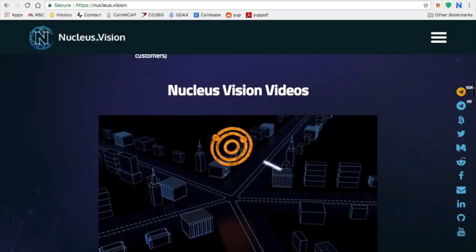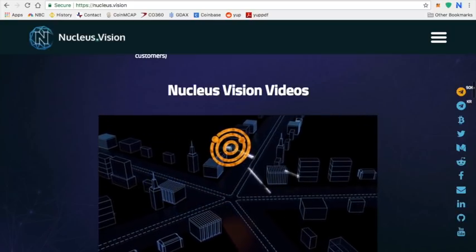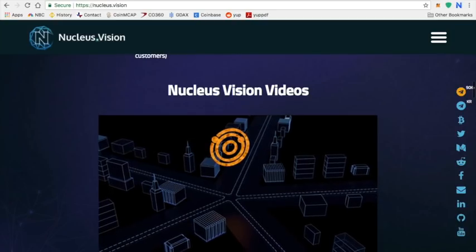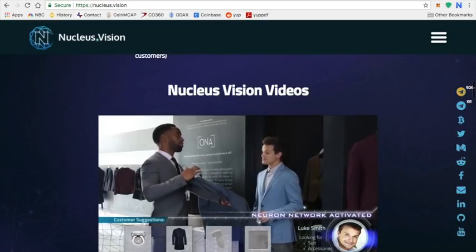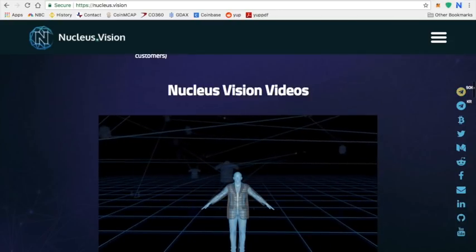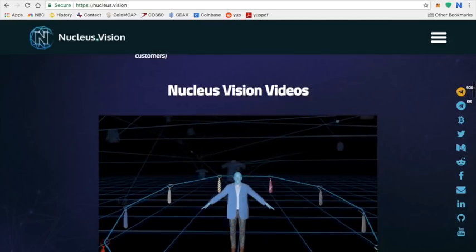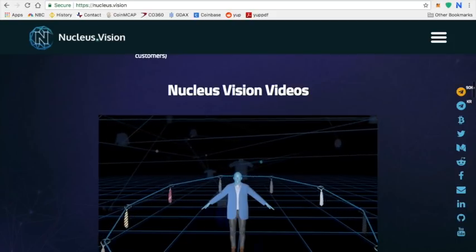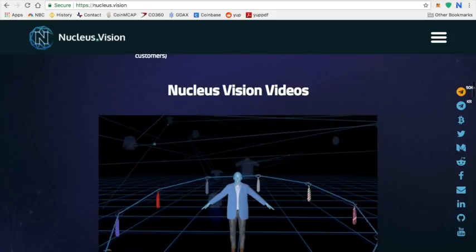All the information stored and exchanged over blockchain feeds into our deep learning platform, the neuron network. During your shopping experience, the neuron network converts all the raw data into actionable insights, which help companies offer you the best products and services tailored specifically to your needs.